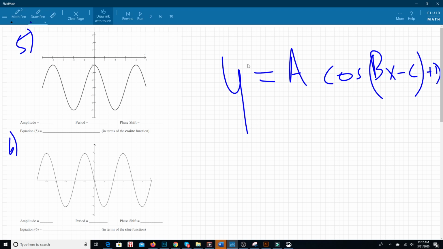So the amplitude goes from the midline or the middle of the graph to the peak or the valley, the top, the apex, or the depression. The amplitude for the first one is going to be what? Let me draw the midline through it.